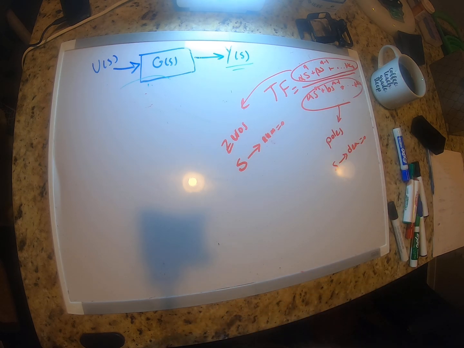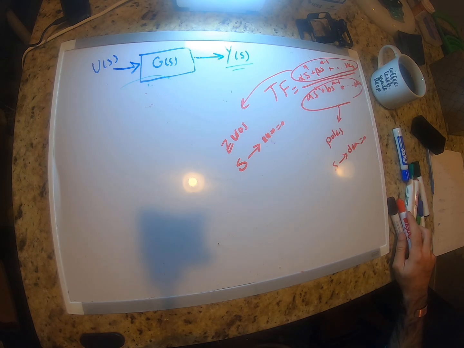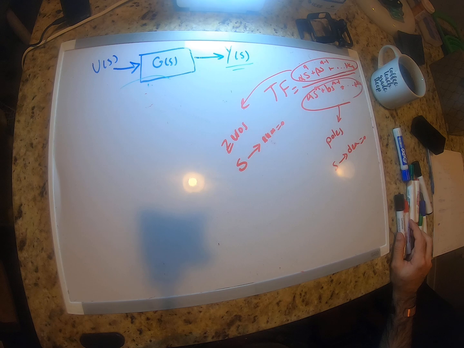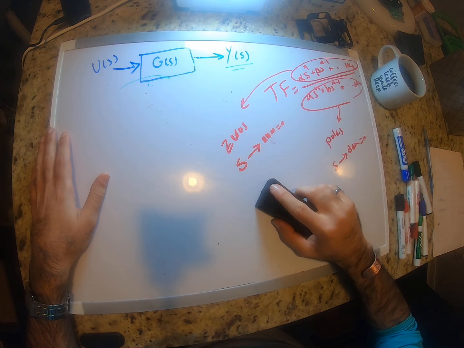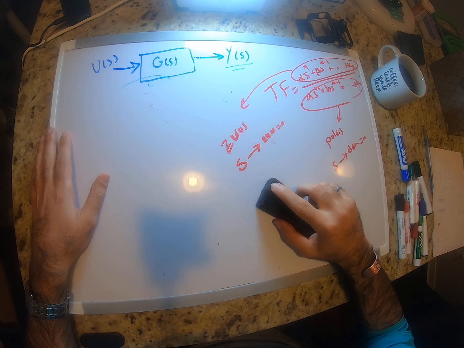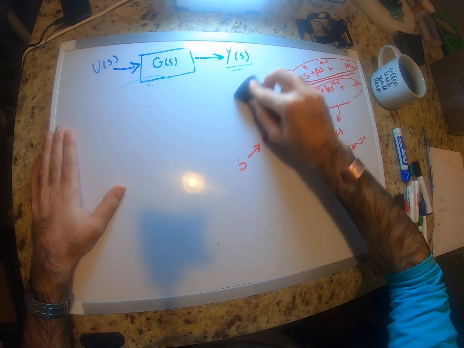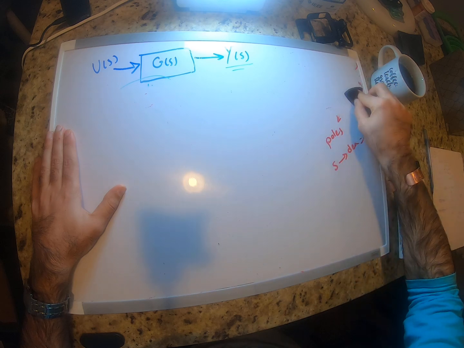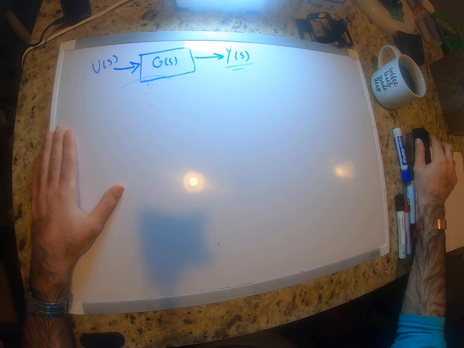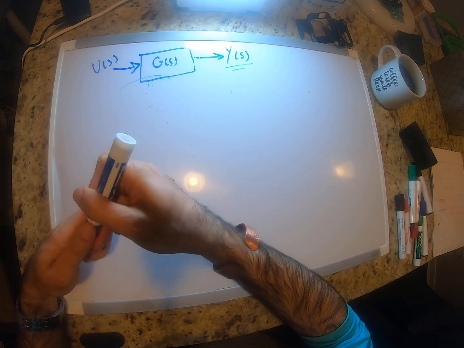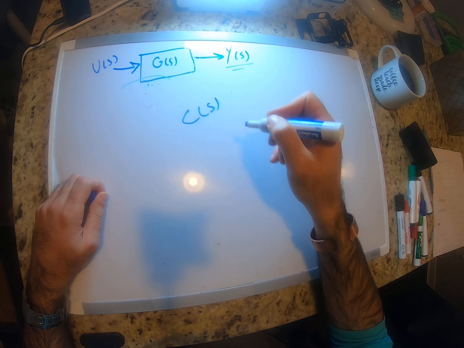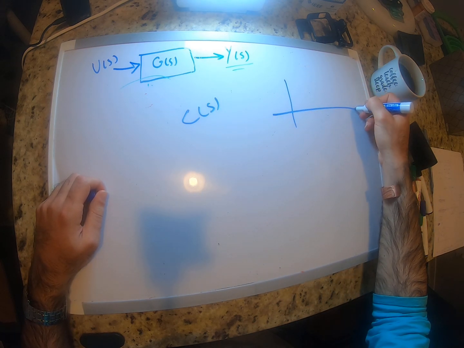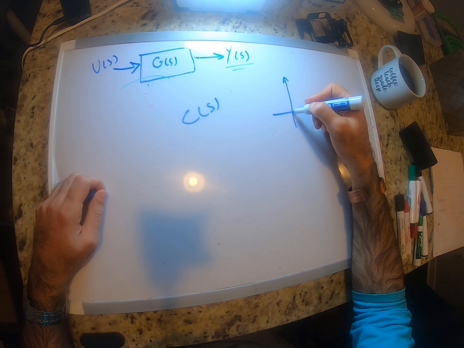Okay, so let's use an example to see what happens if our system has some poles, and what the impact of having zeros is on the response. Let's say we have a signal that would give us this kind of performance.